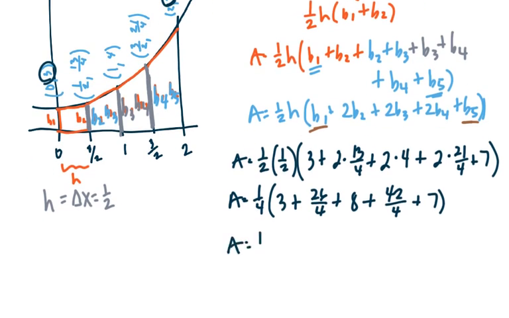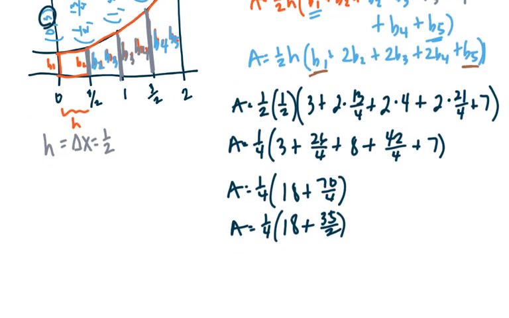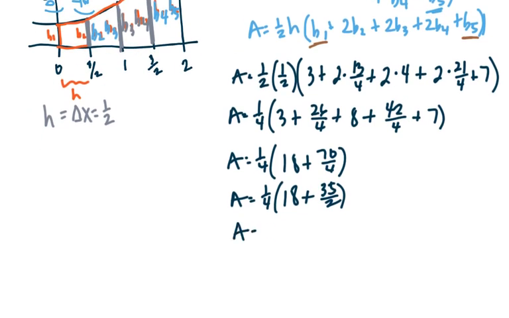So let's add our whole numbers. 7 and 3 and 8 make 18, plus 70/4. Let's reduce that to 35/2. So now 36/2 plus 35/2 makes 71/2, which times 1/4 is 71/8.